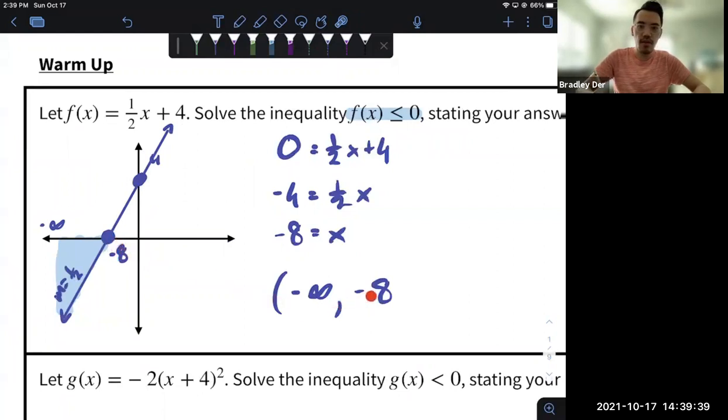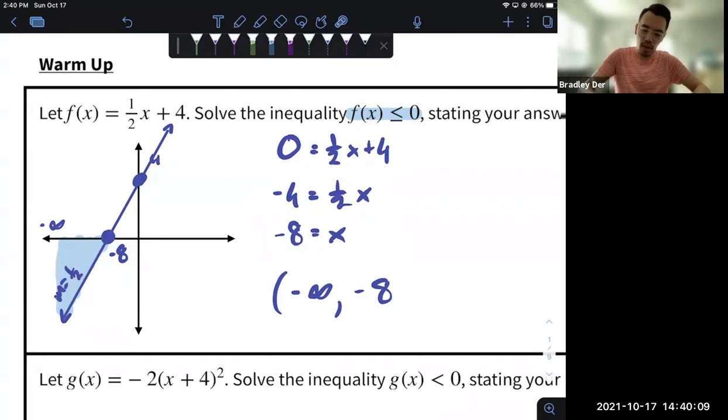So that'll be the x value where we are going to end the interval, because beyond this point, f of x will no longer be less than or equal to 0. F of x being the y values, we're looking for our y values that are less than or equal to 0, and that would be over here. So the question then is, do we want parentheses or bracket?